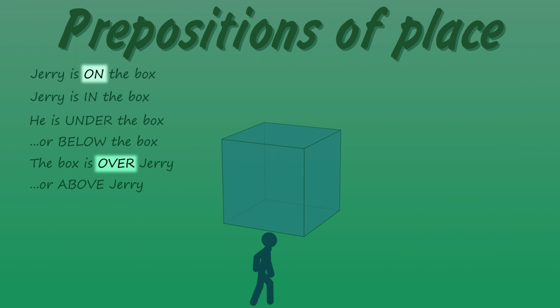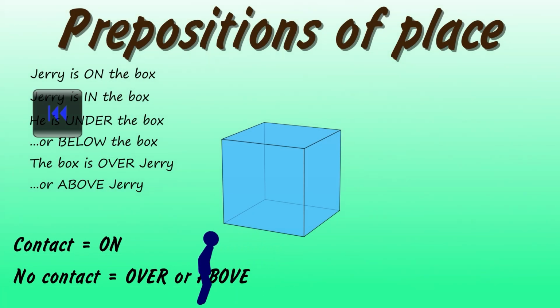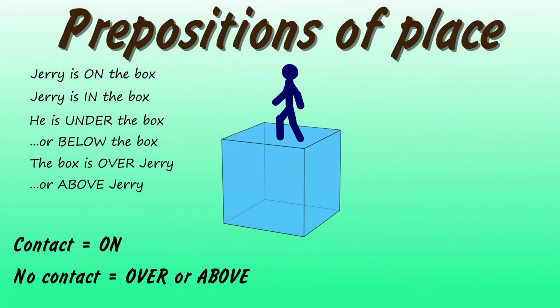If there's contact between the two objects, we usually say on. If there's no contact, we usually say over or above. So, now Jerry is on the box, and now he is over or above the box.